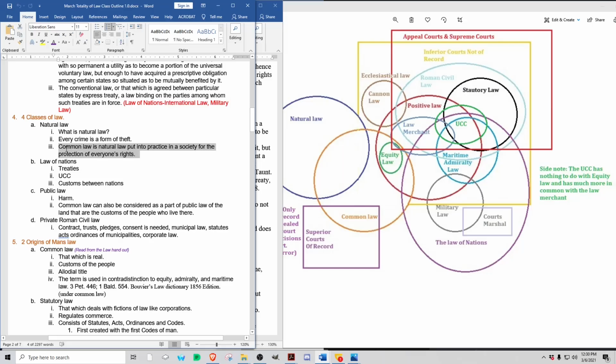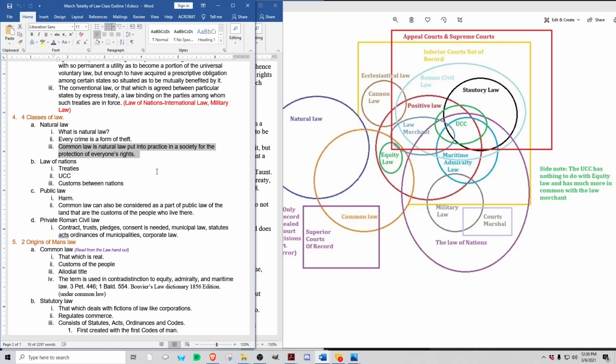Now that's just my over 25 years of studying law and looking at what common law is. That's pretty much my overview of what common law is, right? I'll read specific definitions of common law, but that's pretty much how I like to sum it up. It's basically natural law put into practice in a society for the protection of everyone's rights.